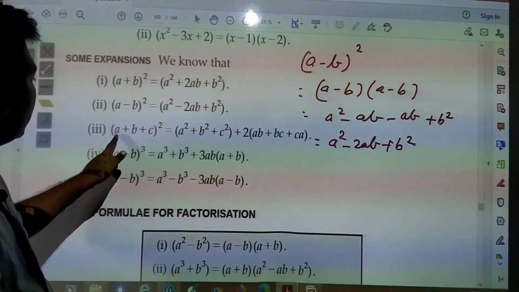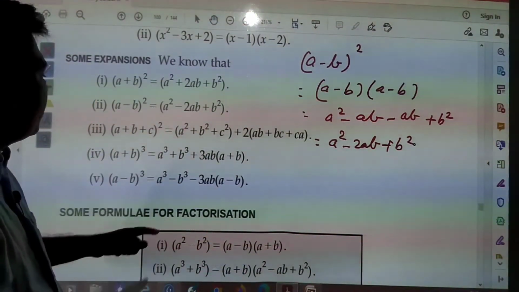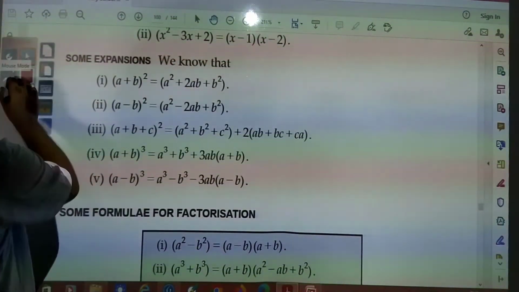In the same way, (a + b + c)², you just need to multiply this.